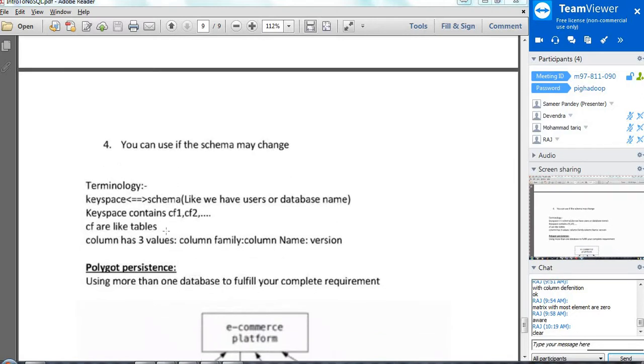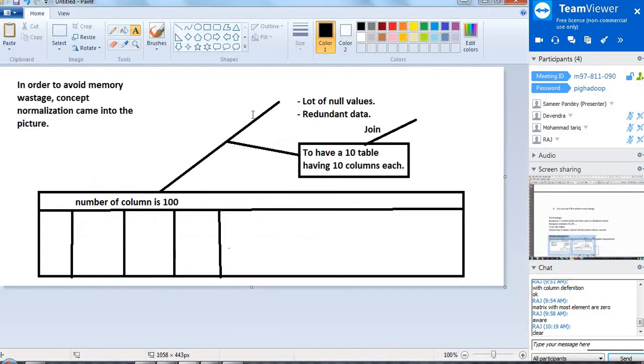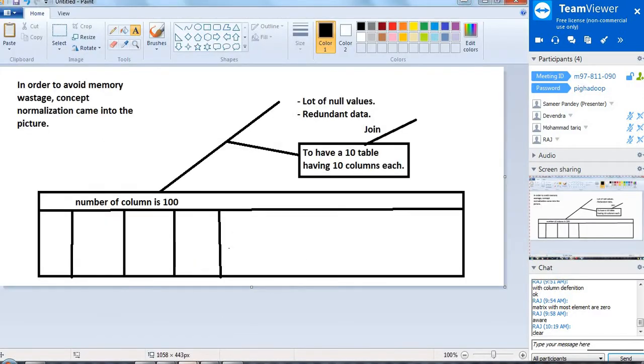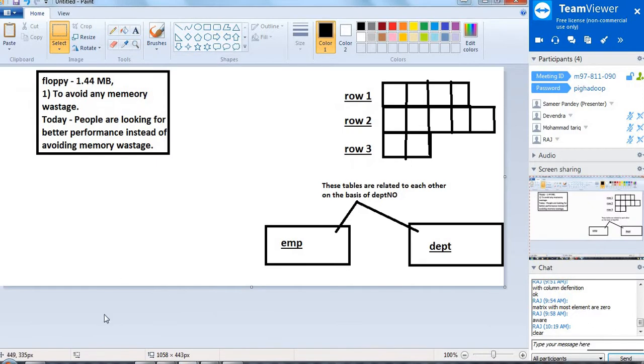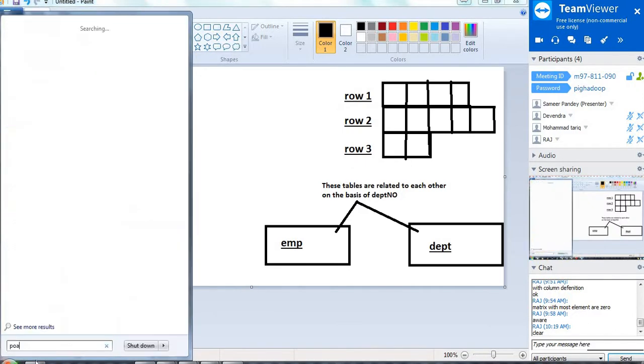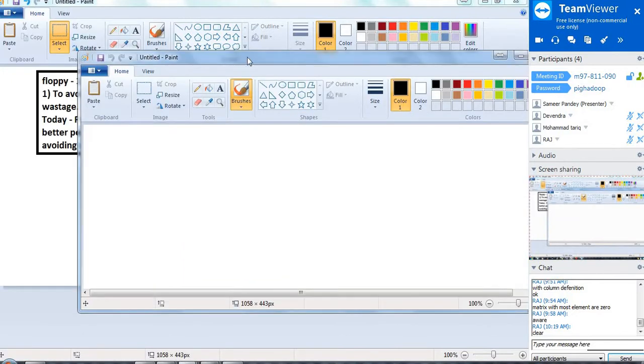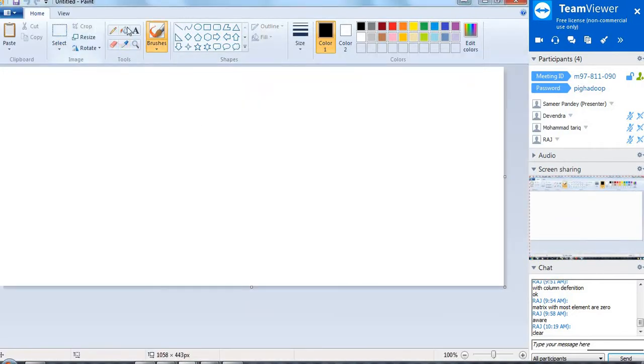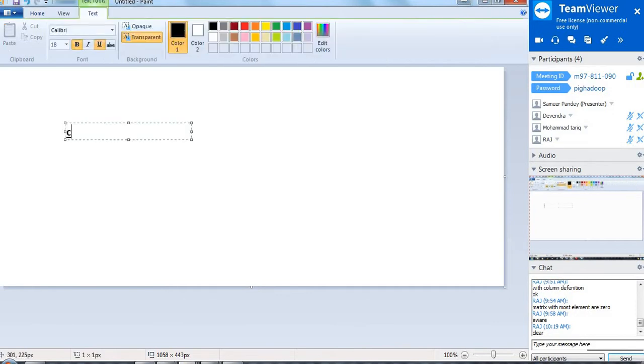So let me tell you the terminology that we have in HBase. I'm talking about the column family so many times. What is the meaning of column family?